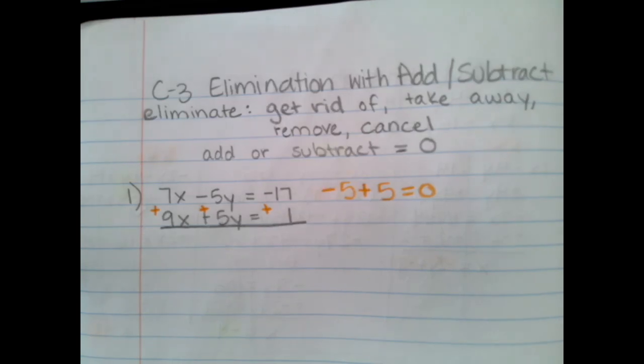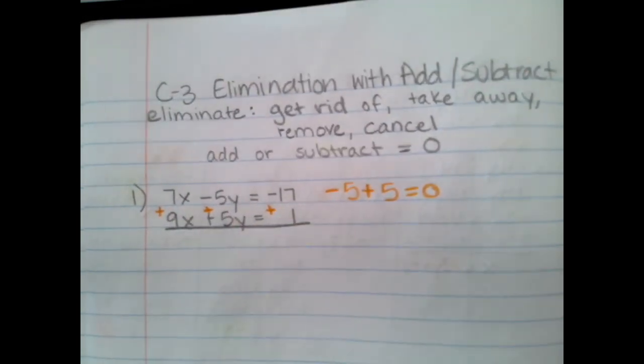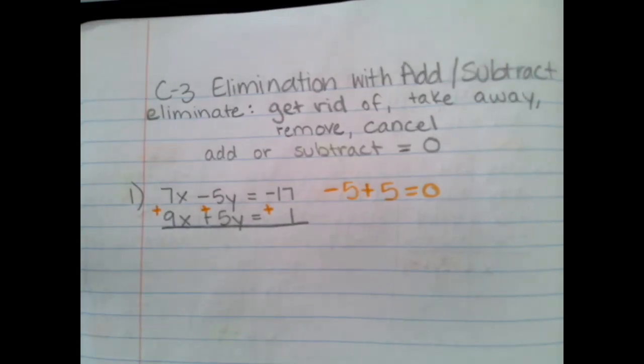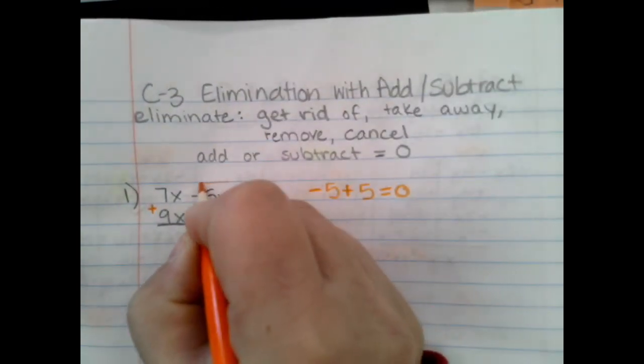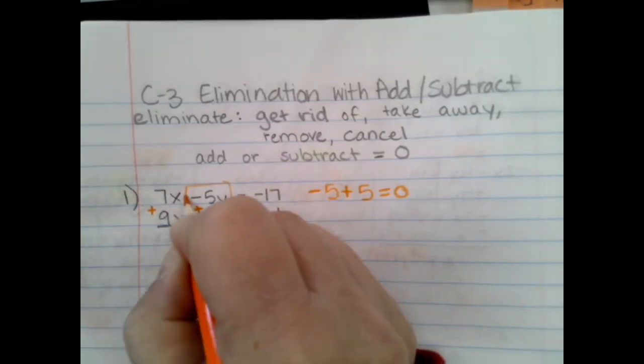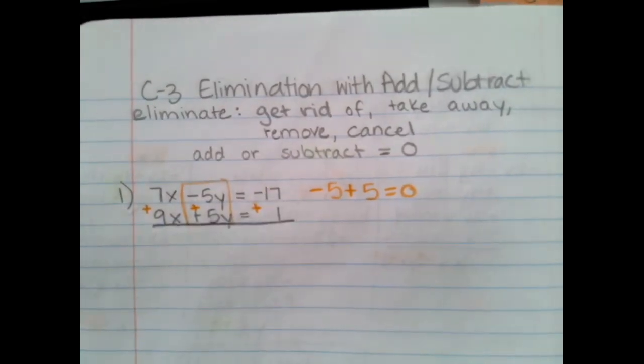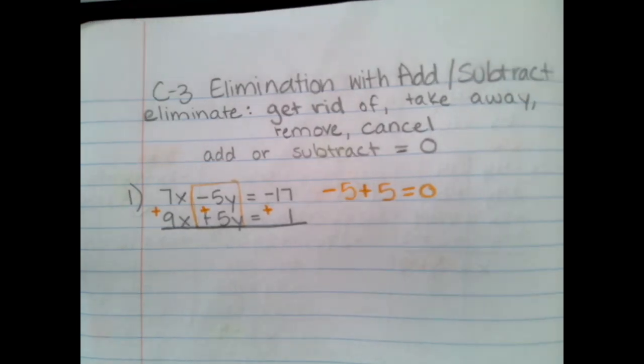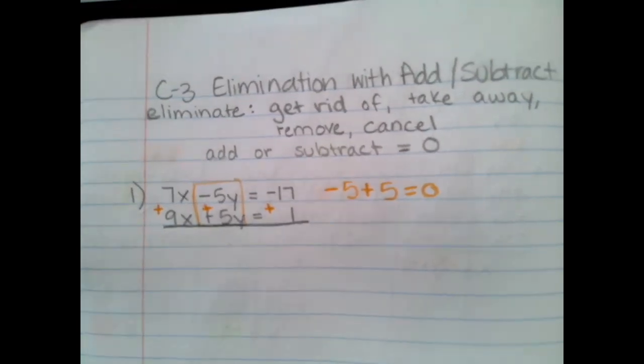So I'm putting that plus sign all the way across. And what are we trying to get rid of here? Should be these y's, right? That's what's telling us what to do. That's how we knew to add. All right, so we add vertically.